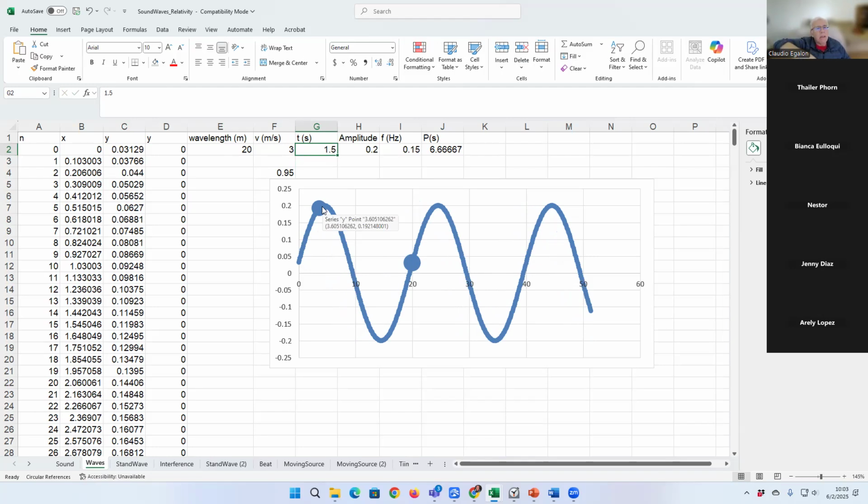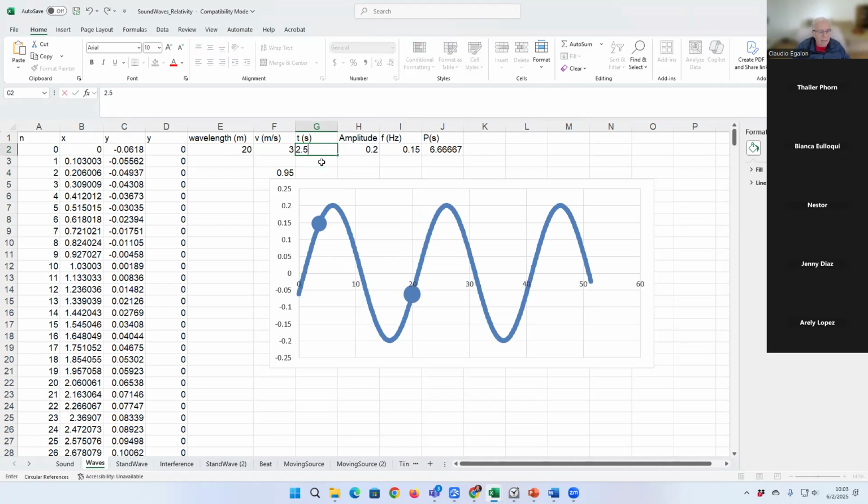A wave is generated by a vibration. So that's how we generate a sinusoidal wave, by moving a string up and down. Okay, so here you go. Next one, 2 seconds, 2.5 seconds.